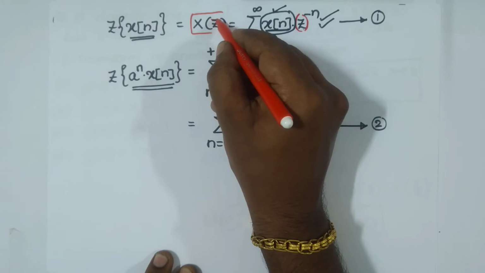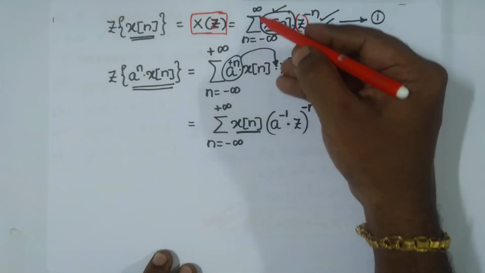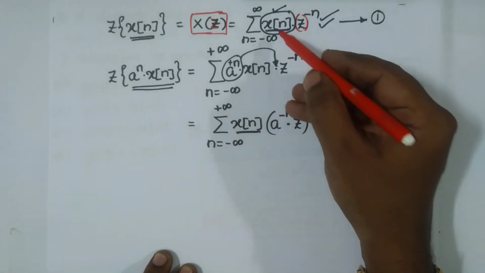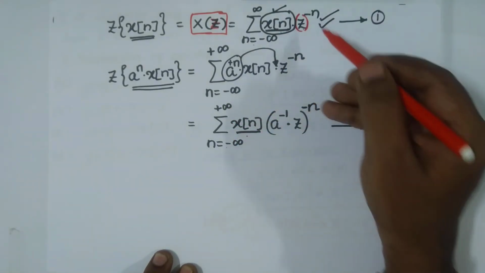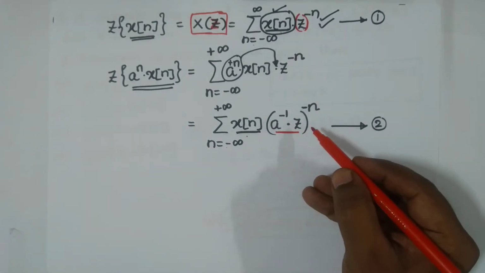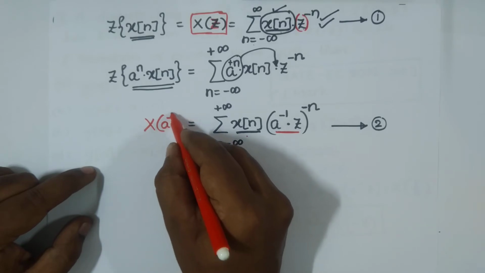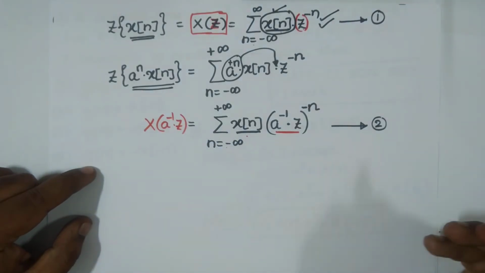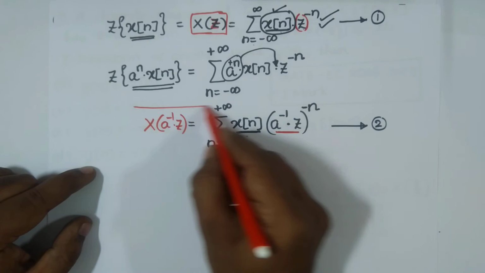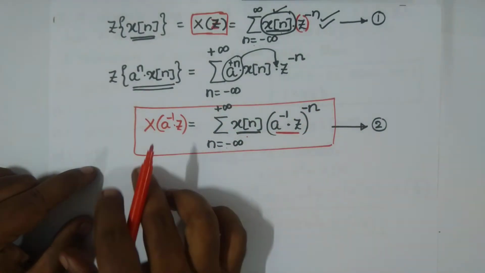Same limits, same x of n, but in place of z we have a inverse z. So this will be x of a inverse z. That's it. This is how we can prove the scaling in the Z domain property.